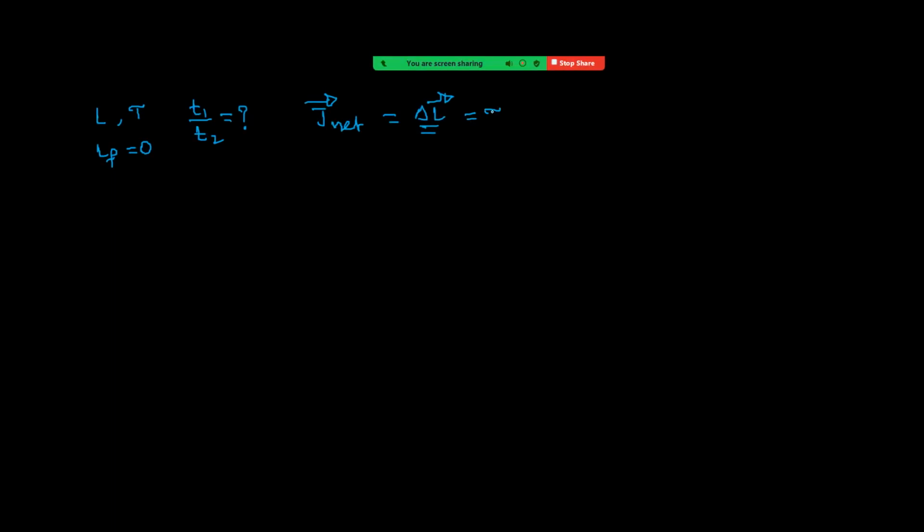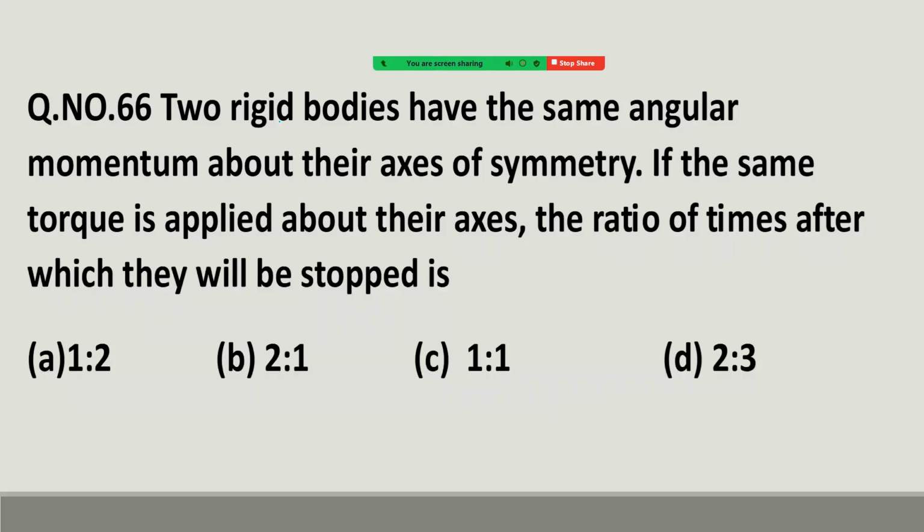This is now net torque into time taken to come to rest. And given the same torque is applied, same change, that means T must be same. That means the answer is 1. Okay, so it is option C, right?